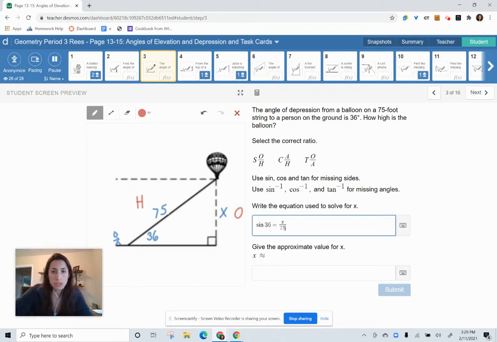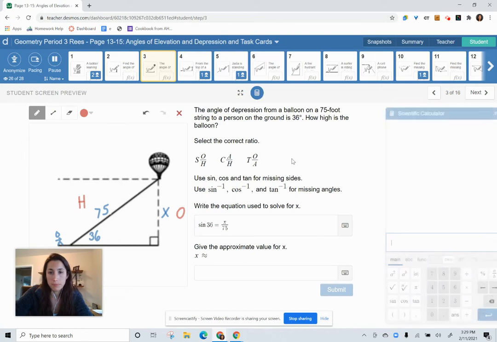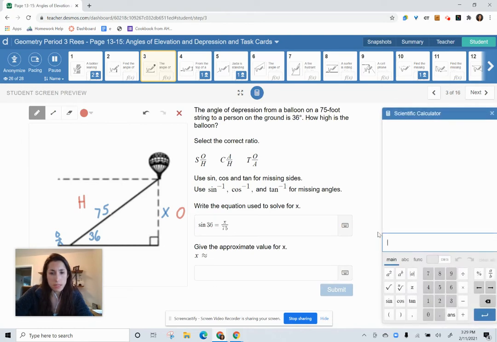Now, when you put this into your calculator, we've got 75 multiplied by sine 36. I want to show you something that you might want to be careful of as you're inputting things into a calculator. If you did sine 36 first, and then you multiplied it by 75, you're noticing, okay, this answer looks very interesting. It's off.